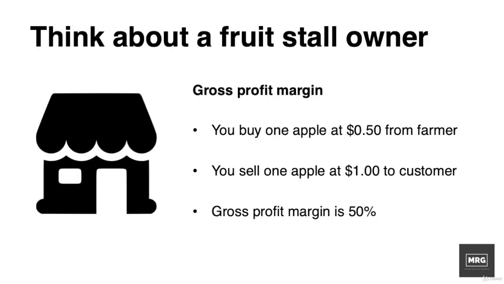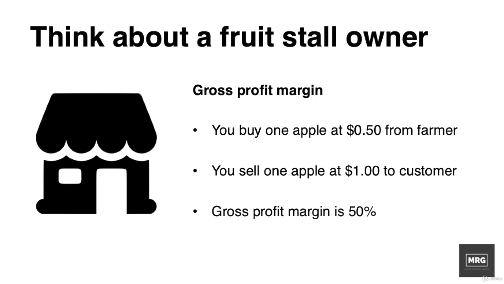If we take this in the example of a fruit store owner, how do we express gross profit margin? For instance, you buy one apple at 50 cents from a farmer. You sell the apple at $1 to your customer. Your gross profit margin is simply taking $1 of sales minus 50 cents, which is your direct cost of goods, and you divide it by the revenue of $1.